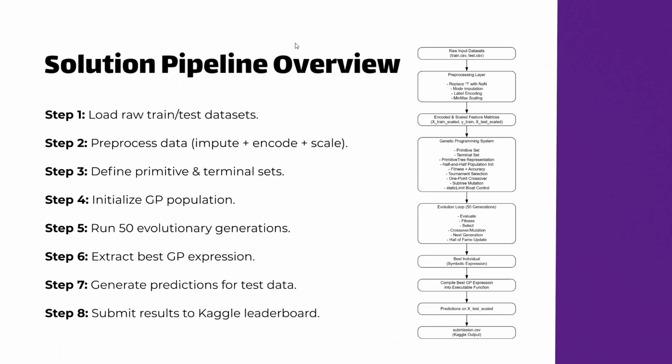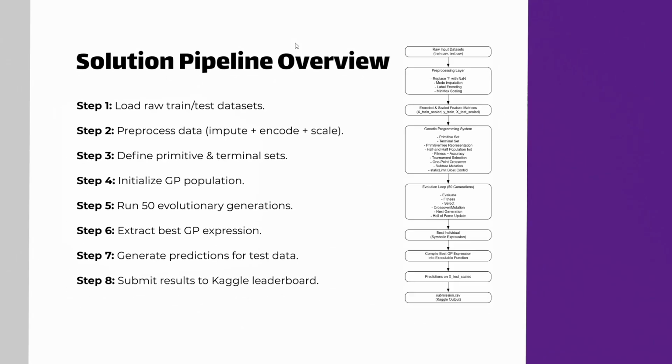Once the evolution ends, the Hall of Fame provides the best expression, which is compiled into an executable function. This function is then used to generate predictions for the test dataset. And finally, we submit the generated CSV file to Kaggle. This pipeline ensures that the entire process is automated end to end.